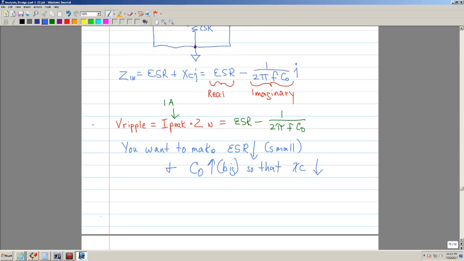And actually this is how you calculate or how you set your ripple.